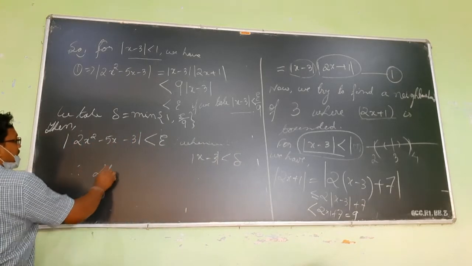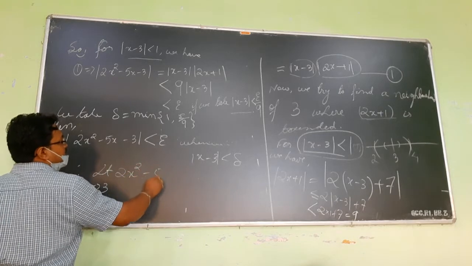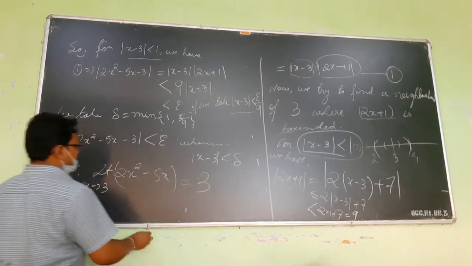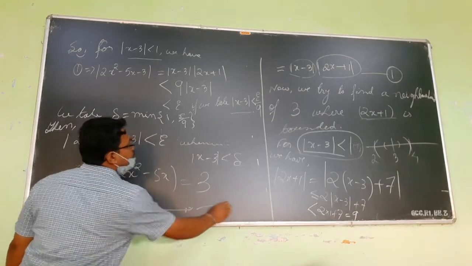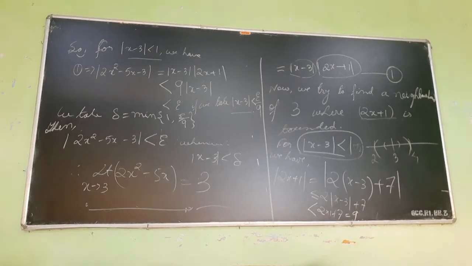Therefore, the limit as x tends to 3 of 2x square minus 5x is exactly equal to 3. This is how we prove from the definition. You have to find some bounds for the right hand side.